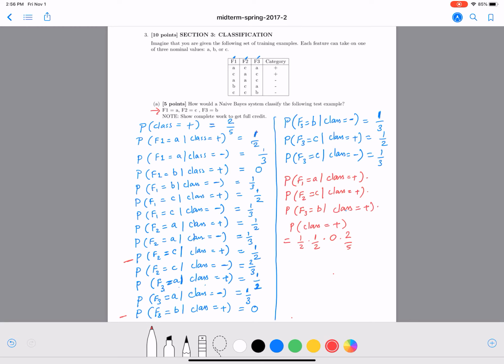Because there is a 0 and we did not employ smoothing, we got a value of 0.